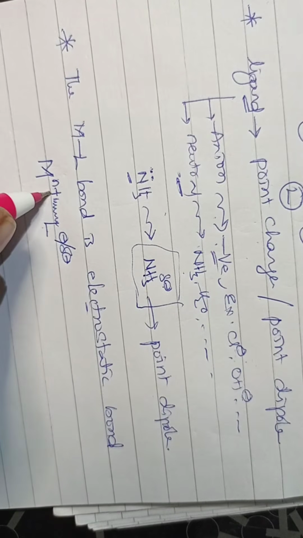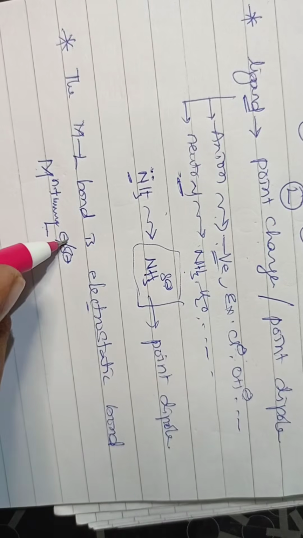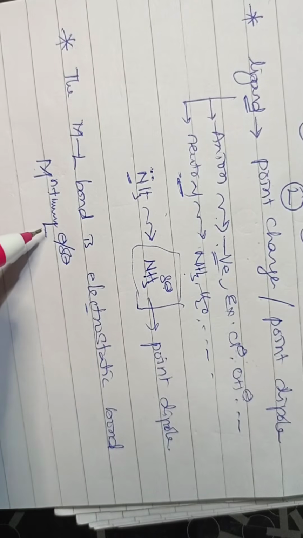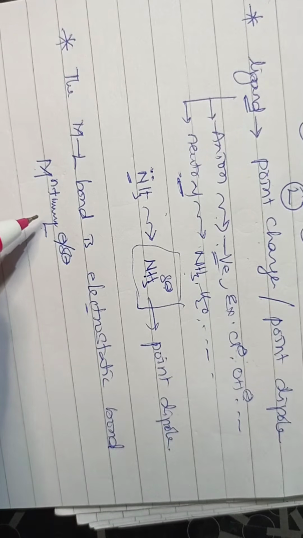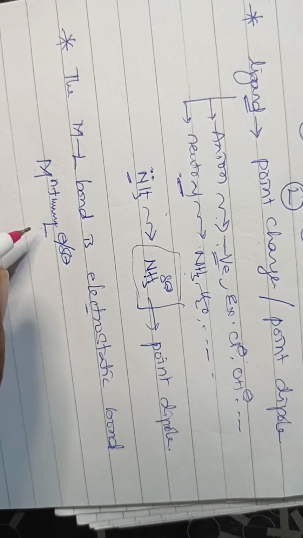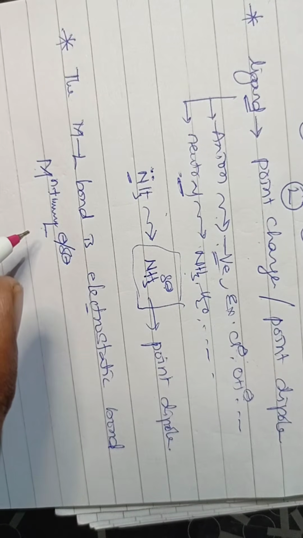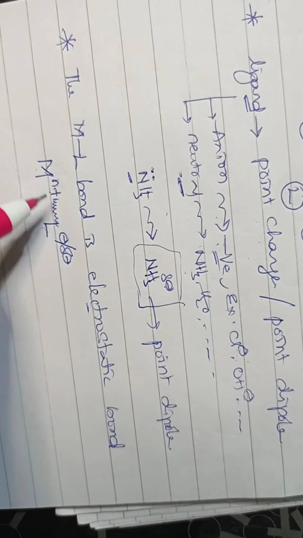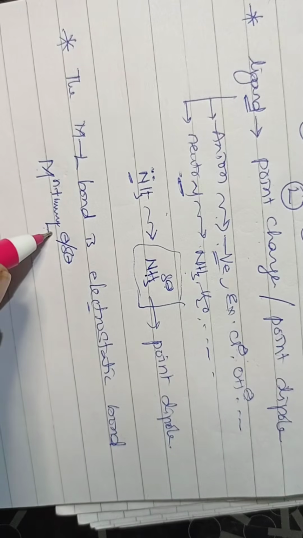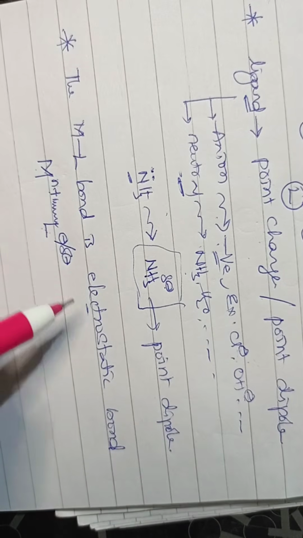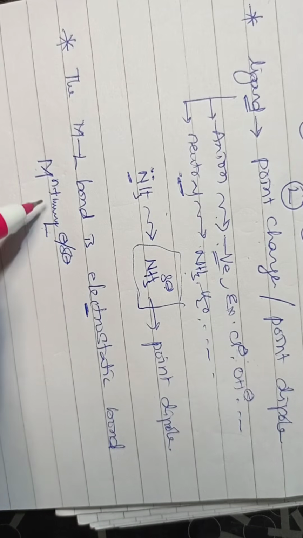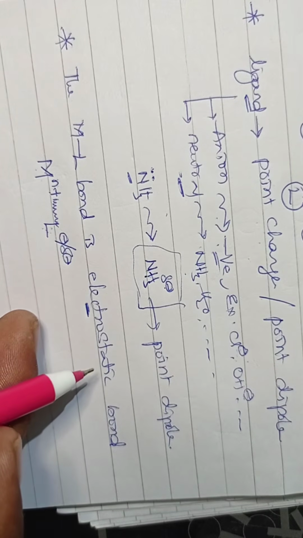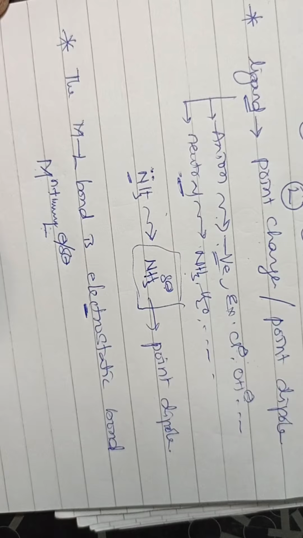Since the metal is positive and the ligand is negative, when they come closer there will be attraction, as we know that two different charges attract and two same charges repel. So the bond between metal and ligand is described by electrostatic attraction.